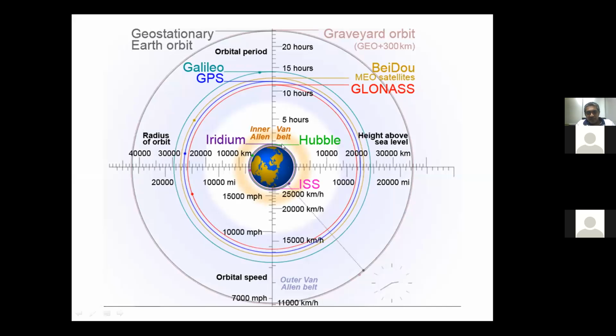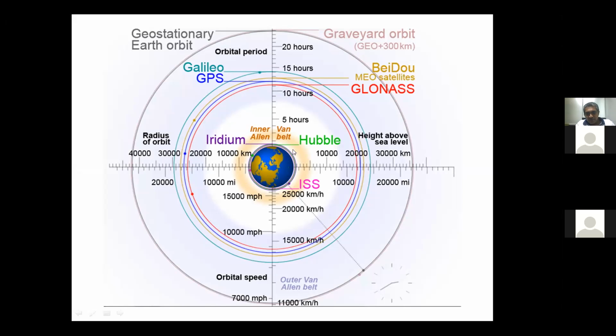I put this diagram to show that these solar activities can affect missions going on. We can see beyond, and then the International Space Station in a close orbit, about 400 kilometers above, going very quickly.